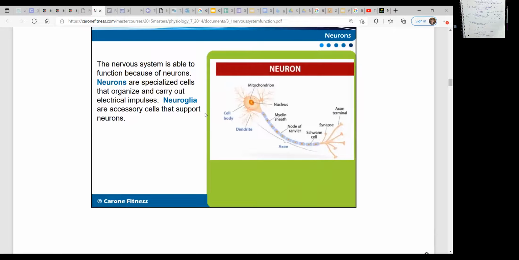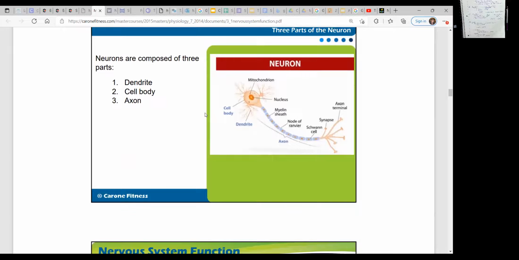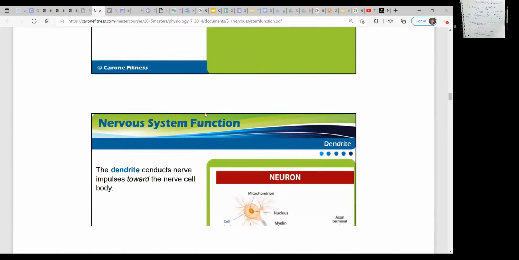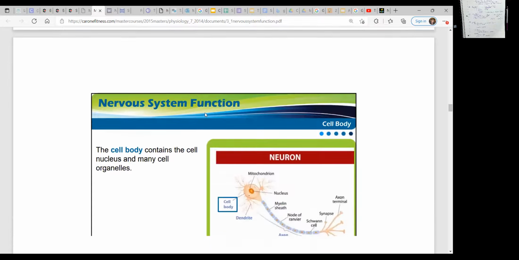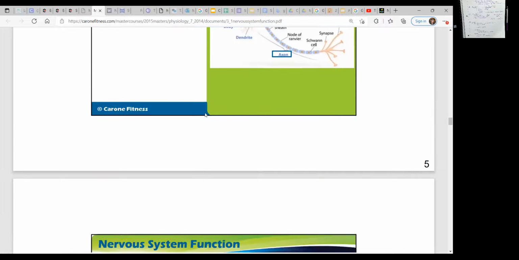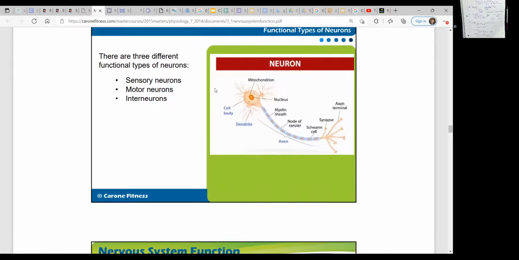We have the neurons, and then the neuroglia, which are the accessory cells, and those work to support the neurons. Here we talked about the structure, and we covered that in those videos. The cell body, the axon. And we have the sensory neurons that are intaking information.